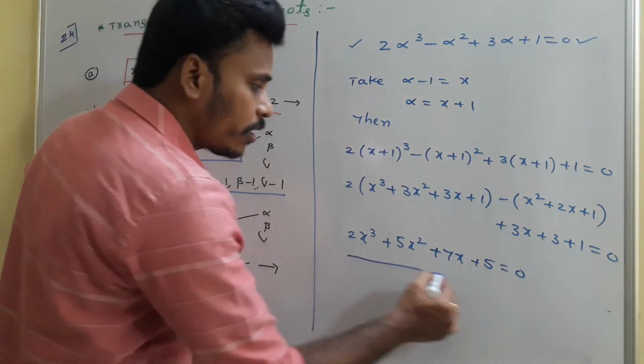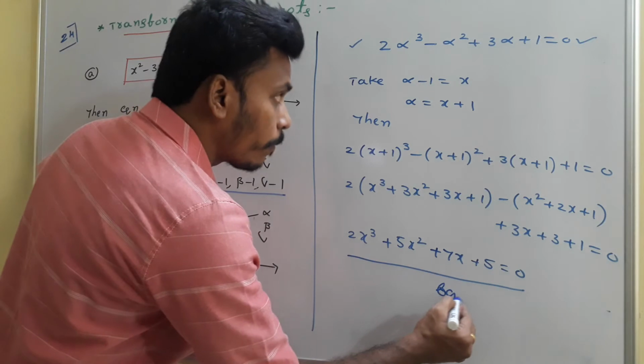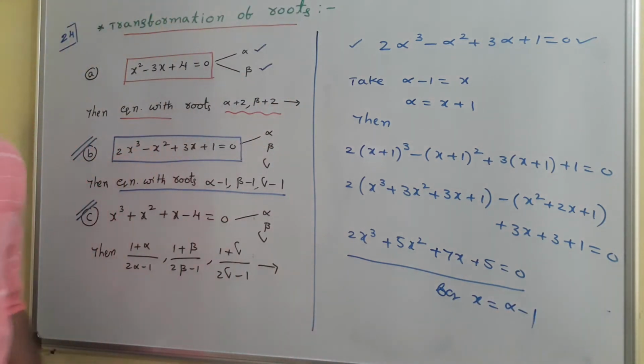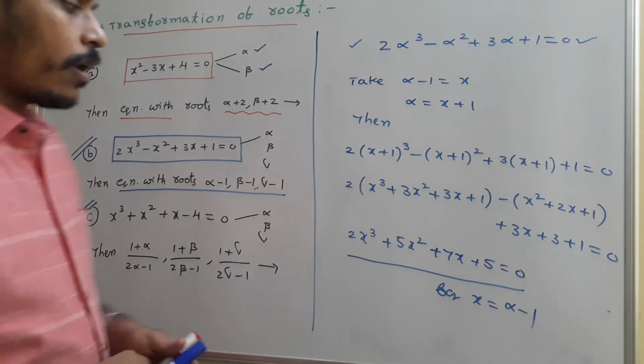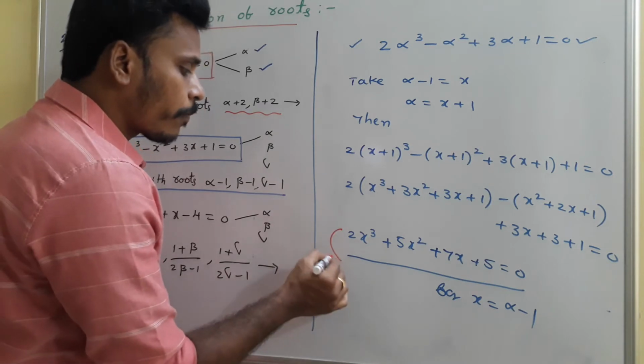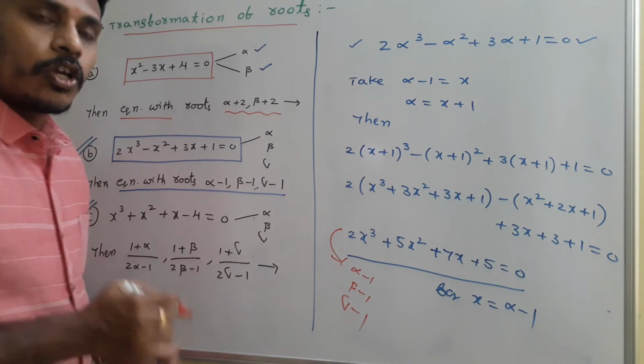Now this is 2x cube plus 5x square plus 7x plus 5 is equal to 0 for x equal to alpha minus 1. In the sense, alpha minus 1 for sure satisfies this equation. Similarly, beta minus 1 and gamma minus 1 also. In the sense, this is the required equation whose roots are alpha minus 1, beta minus 1, gamma minus 1.